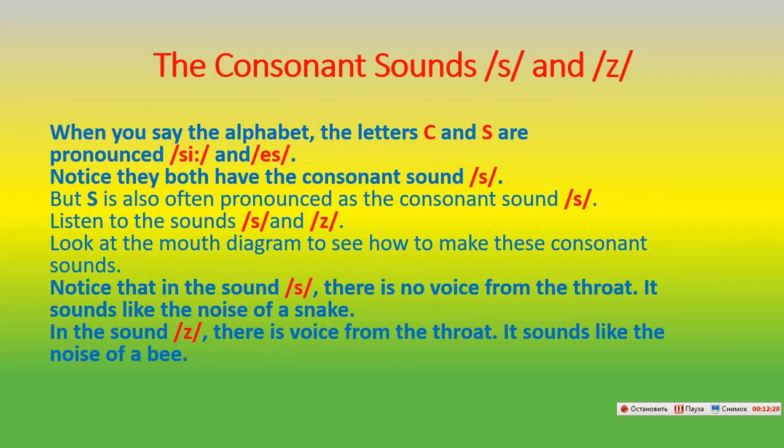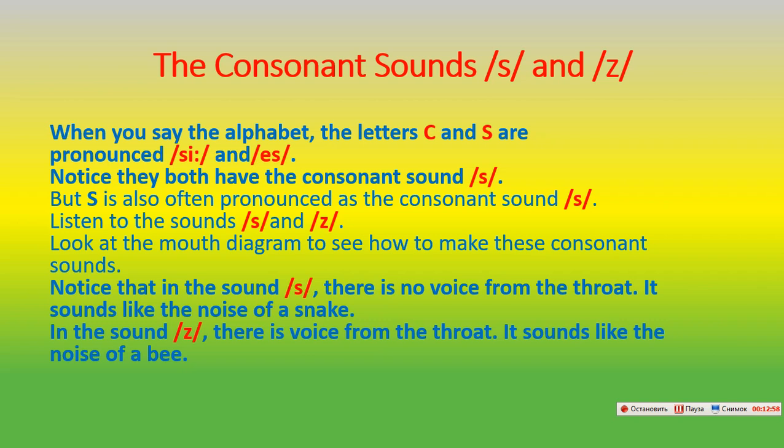Now next, consonant sounds S and Z. When you say the alphabet, the letters C and S are pronounced C and S. Notice they both have the consonant sound S, but S is also often pronounced as the consonant sound Z. Listen to the sounds.